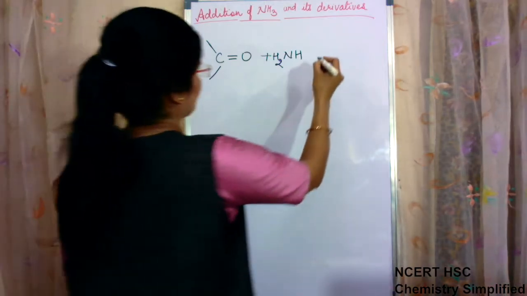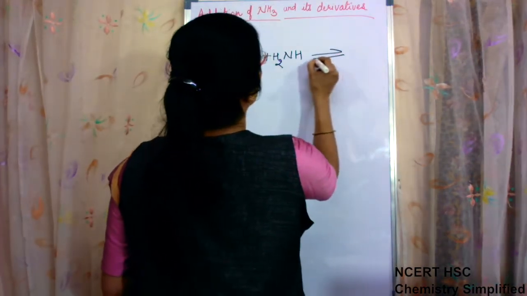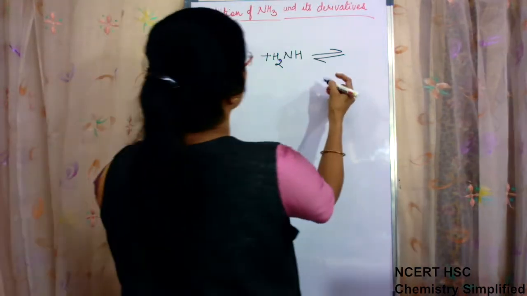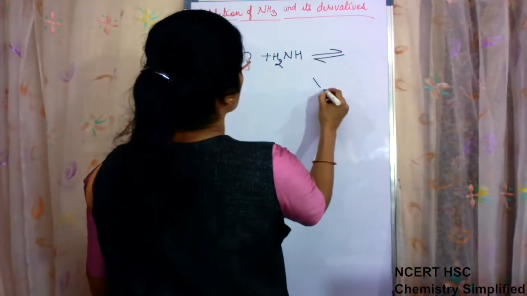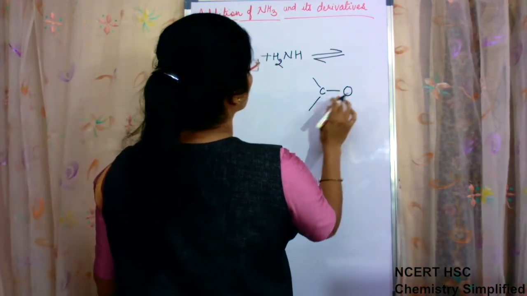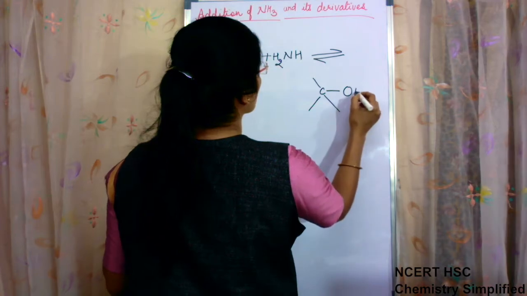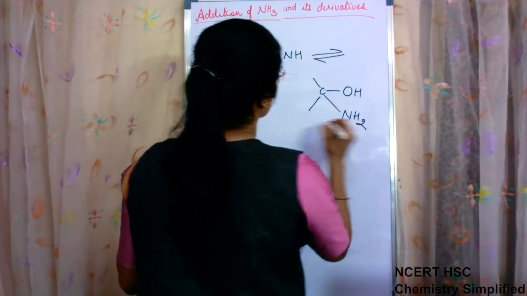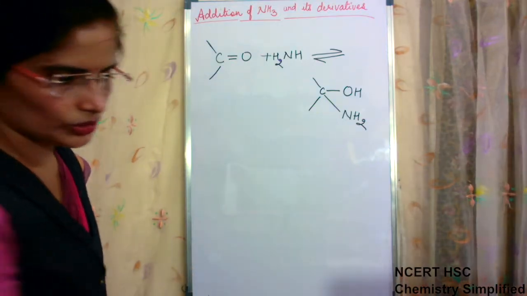In the first step of the reaction, an intermediate is formed. That intermediate is C, single bond, O, H goes with this, and NH2 will be here.